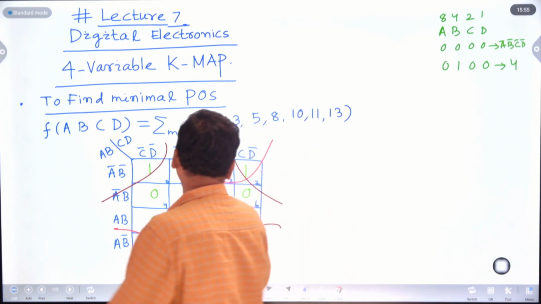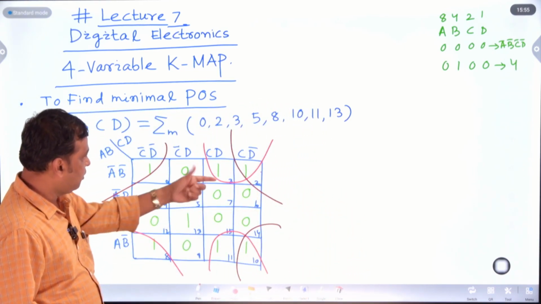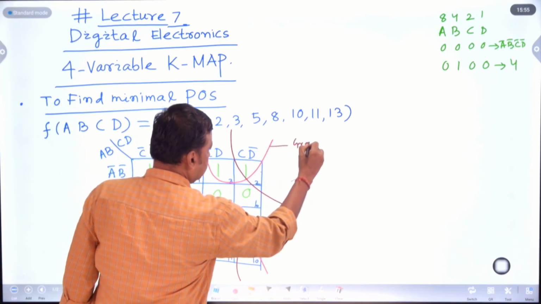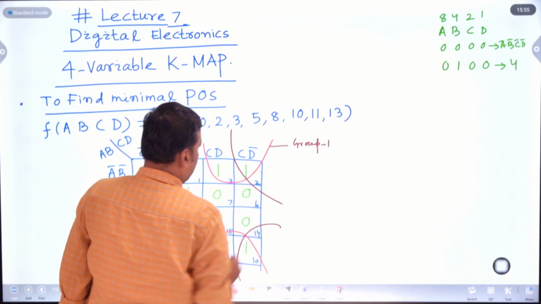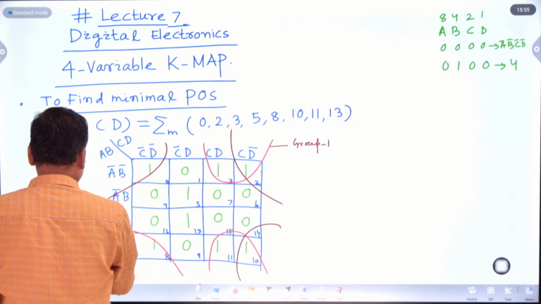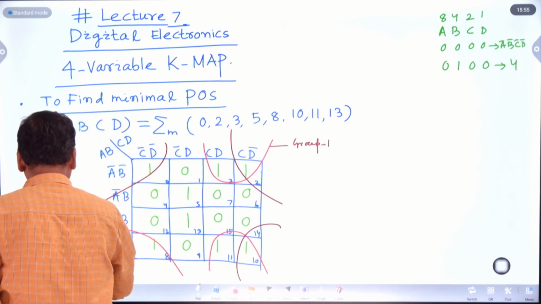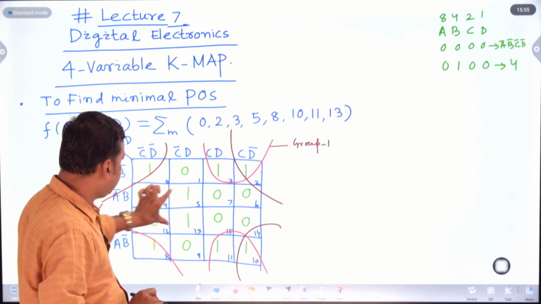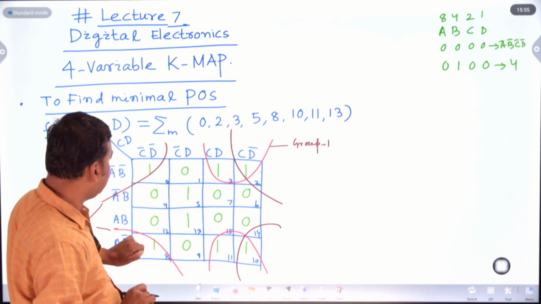And this 2, 1, so this is your group 1, and these are your 4 corners. This is your group 2 or loop 2. Then this 2, 1. There is no adjacent. Then another one is your what?